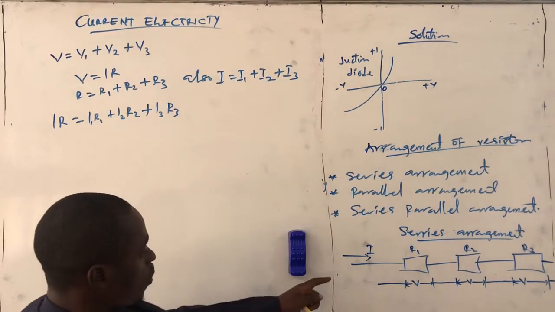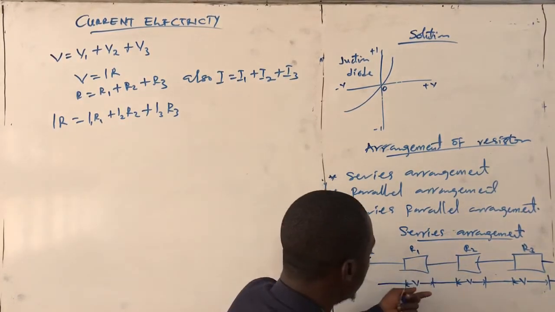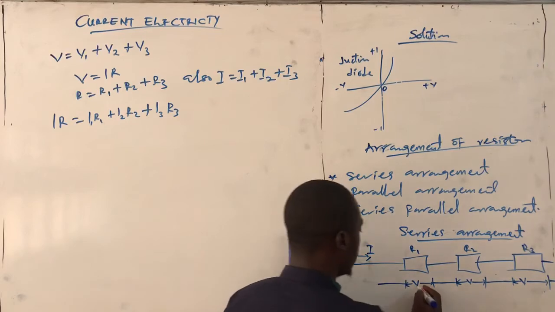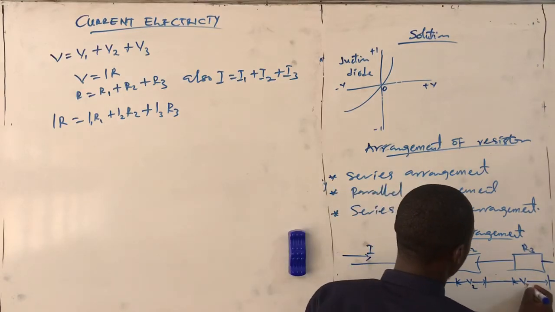So since it is only one current passing through, they only have different potential differences. This is V1, V2, V3.